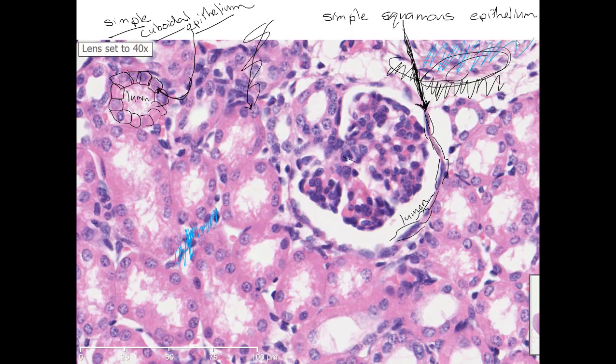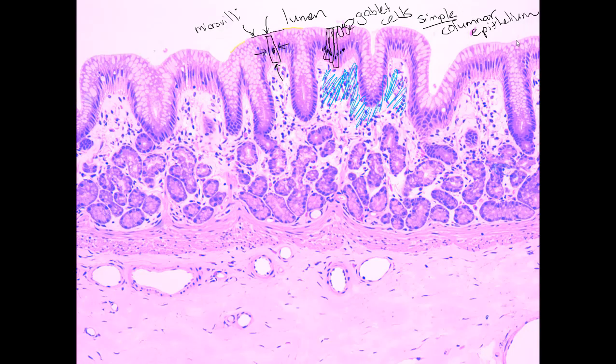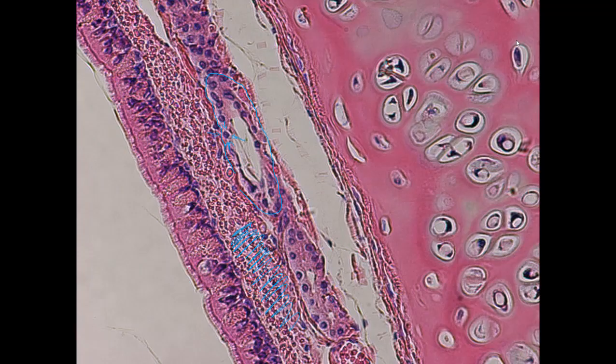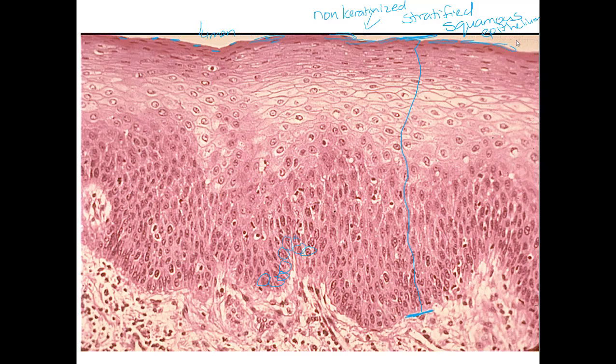Okay, so areolar connective tissue is usually associated with the epithelial tissue. All this down here, areolar connective tissue. So pretty much most of the times, areolar connective tissue is right underneath the epithelial tissue.